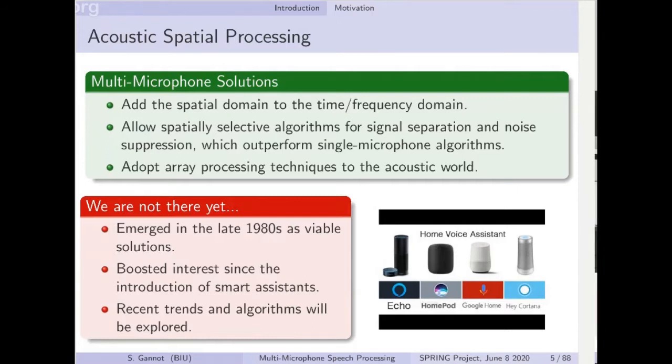Although array processing dates from more or less World War I, microphone arrays only in the late 80s, maybe 90s, started to be researched, together with some development in hardware that allowed us to integrate a lot of microphones together. So this is not a new era anymore, but I would say that the real boost is from the last 5 years.